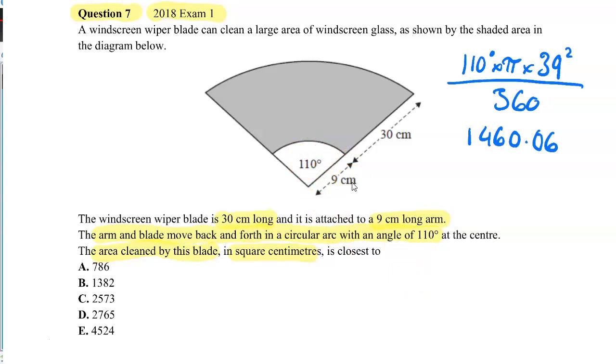And it is, area, still 110 degrees, but now that radius is 9, over 360.